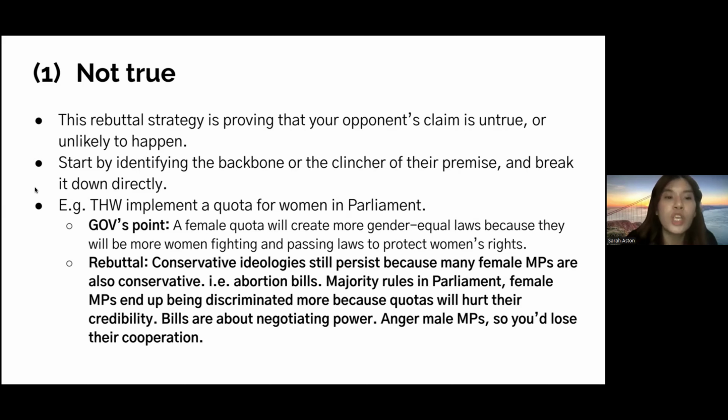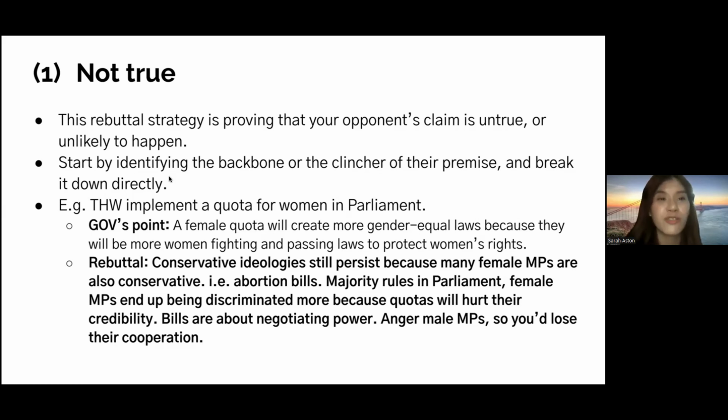Okay, so what you can do is start by identifying what's the backbone, right? What is contingent for this team to be able to prove what they're saying? What's the clincher of their premise, and break it down directly. So if we look into the example, which is this house would implement a quota for women in parliament, Gov's point would be that having a female quota will create more gender equal laws simply because there will be more women fighting and passing laws to protect women's rights.